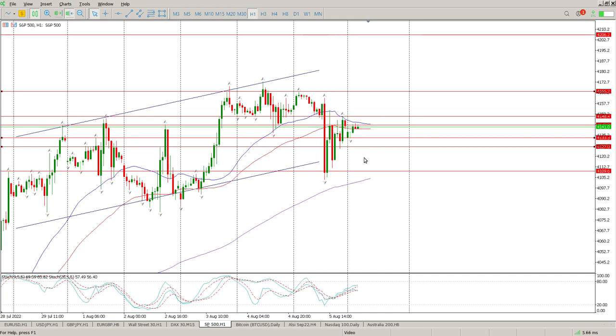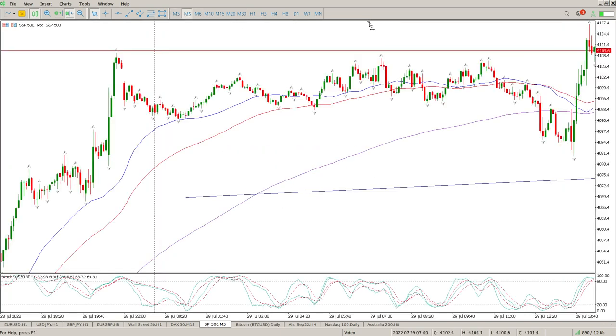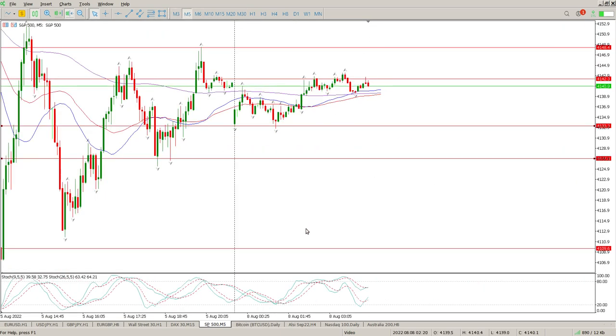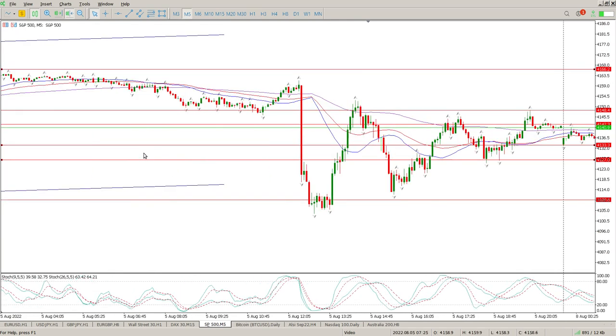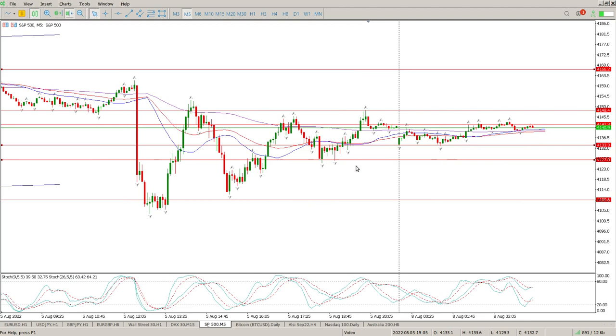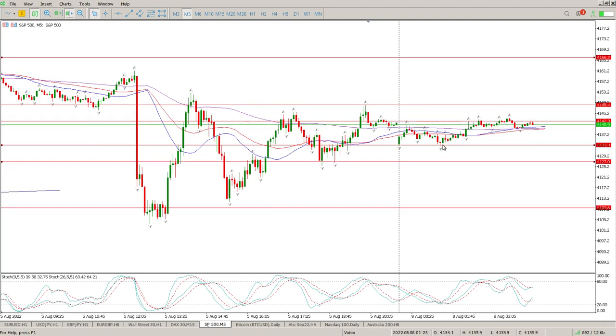So I think lower time frames as possible. If you've got time, I know my South African audience, a lot of you will be on leave at the moment because you have a public holiday tomorrow, but well worth getting on the 5 minute possibly if you've got some time today and paying attention to this, because you can see the structure setting up on the 5 minute quite nicely.